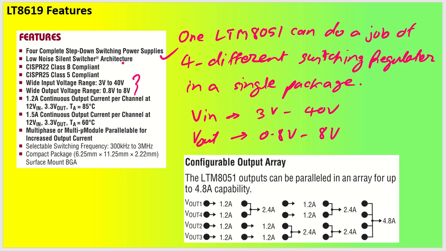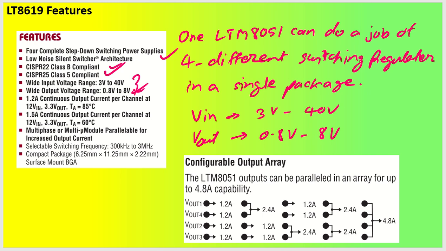The best part is it is class B compliant for CISPR 22, and CISPR 25 class 5 compliant. Then it can take a wide input range from 3 volt to 40 volt, and it can give you an output voltage range from as low as 0.8 volt up to 8 volt.